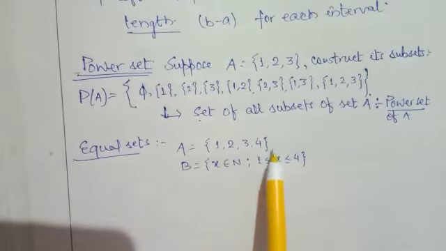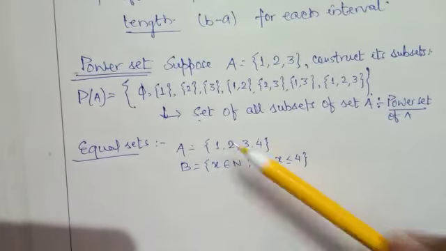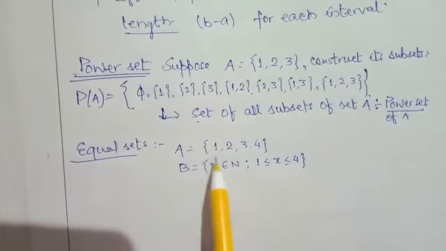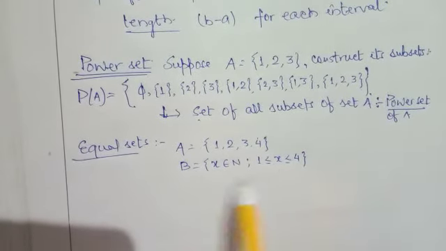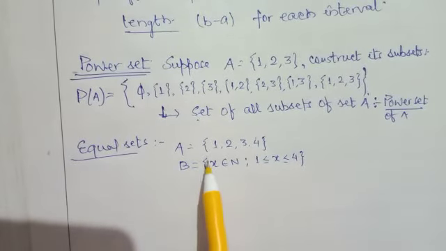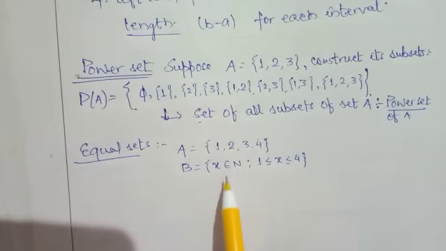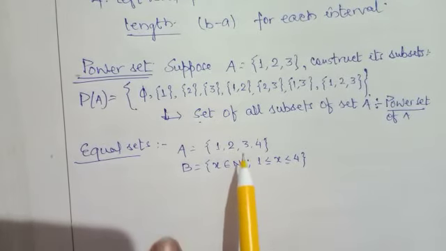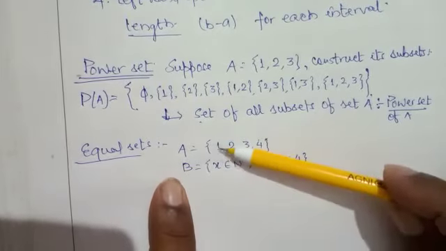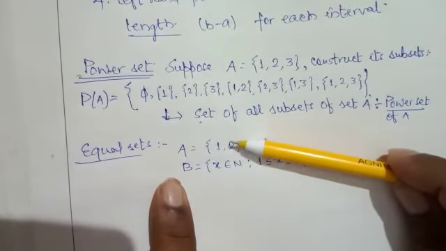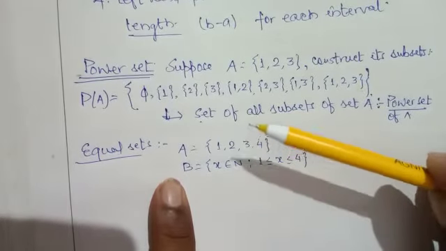What do you see here? Both sets are same. Set B is written in set builder form and set A is written in roster form. Both elements are same.